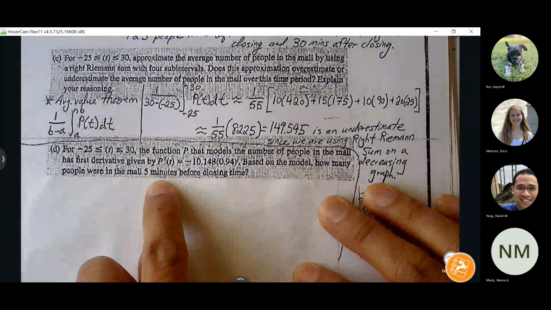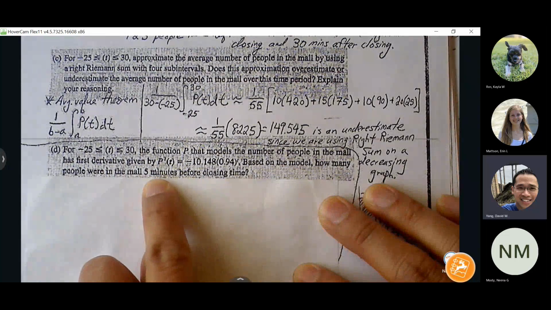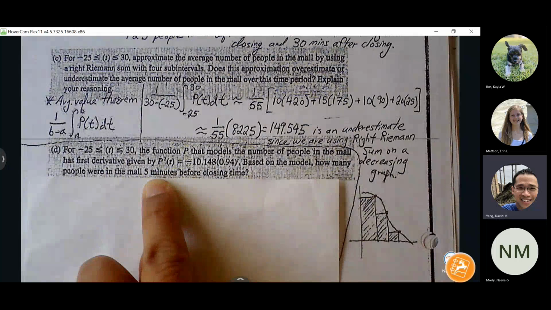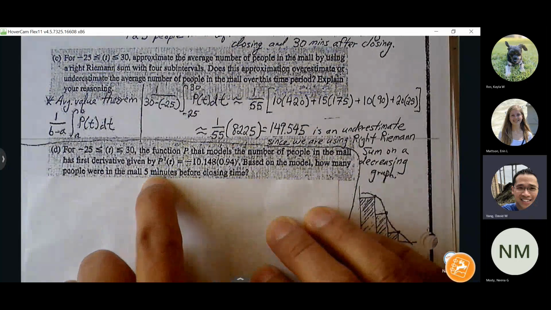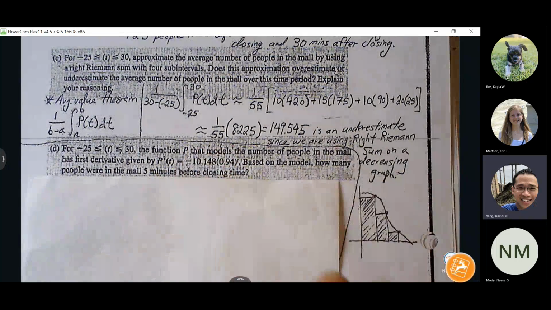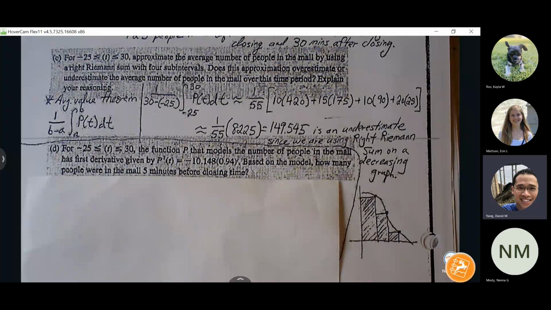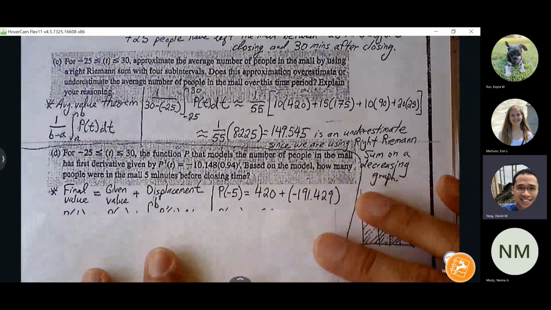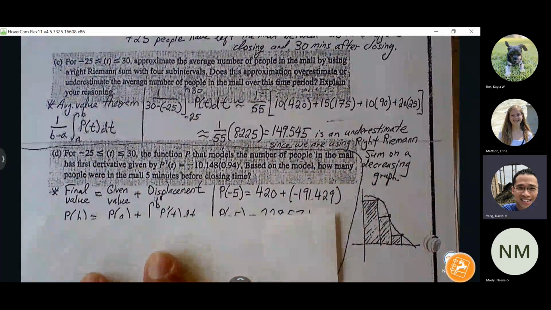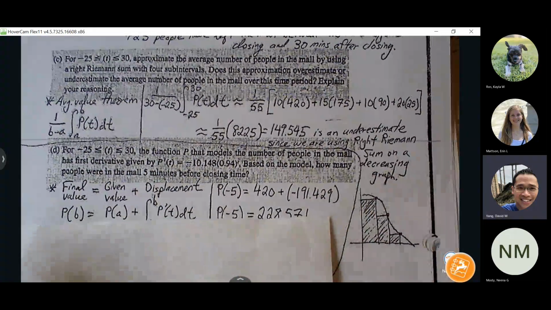So the closest to 5 minutes before closing is 15 minutes before closing. And then we can use the integral of P prime to figure out the number of people who've left in that time period, and we can use that to subtract. So this formula shows up a lot. The final value equals initial plus displacement.